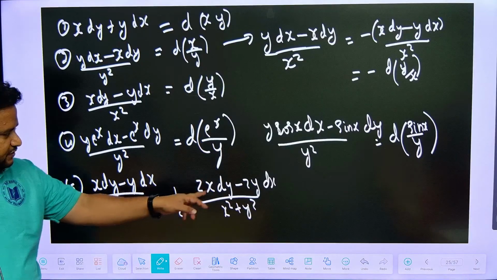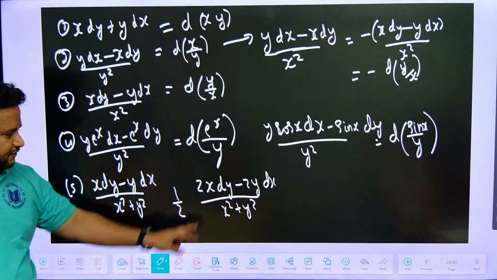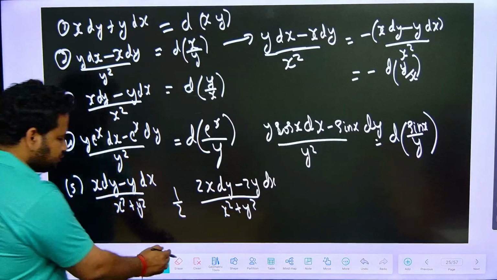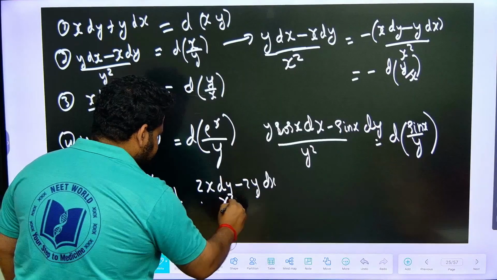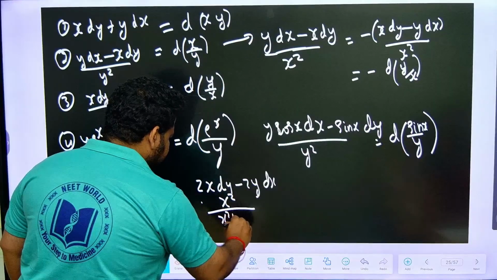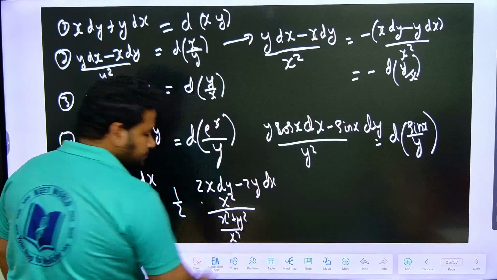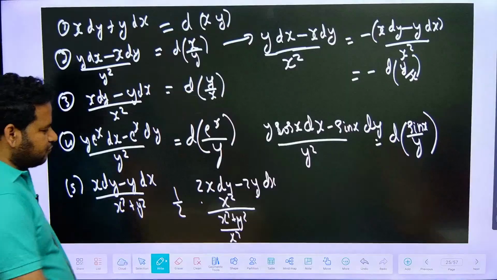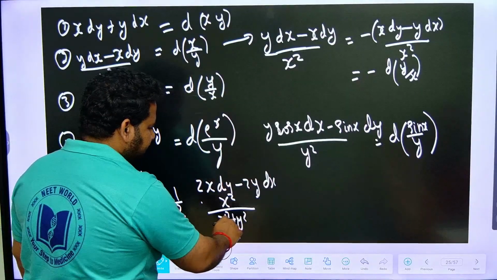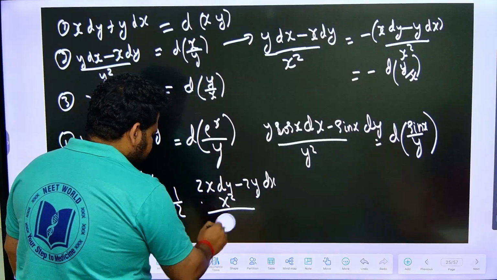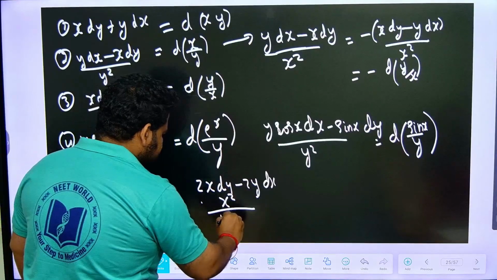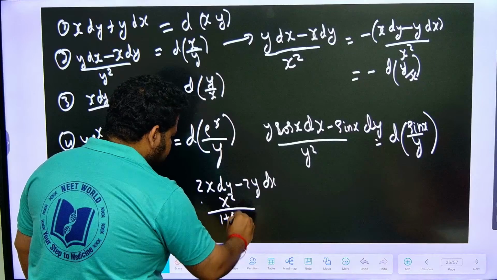So 1 by 2, 2x dy minus 2y dx. I divide the numerator and denominator by x square, giving 1 plus y by x whole square.